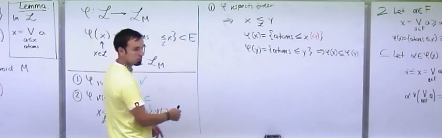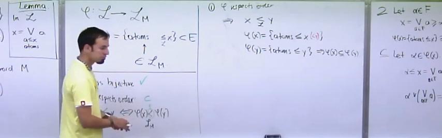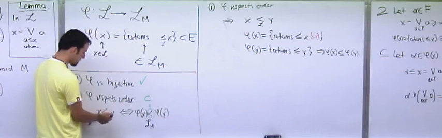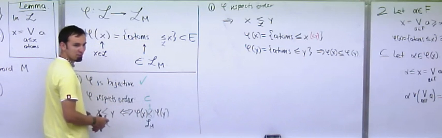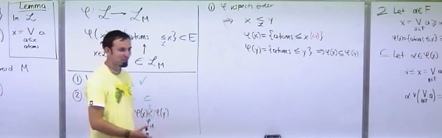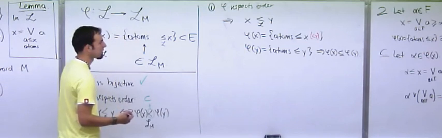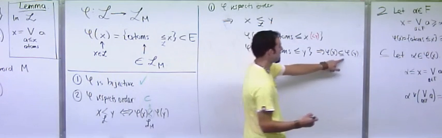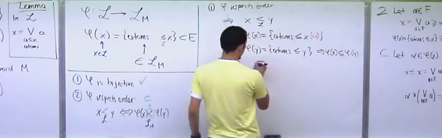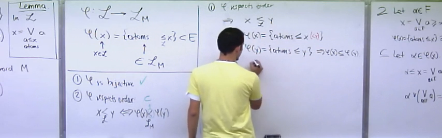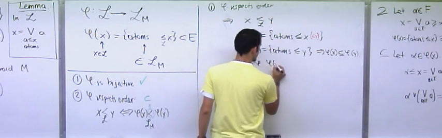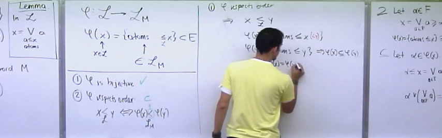Why do you need to do that? Why can't you just say less than or equal to all the way through? The alternative was to say less than or equal to here, but I started doing it this way, so let's finish doing it this way. So how do I show that phi of x is not equal to phi of y? Suppose phi of x is equal to phi of y. Then what can you tell me?